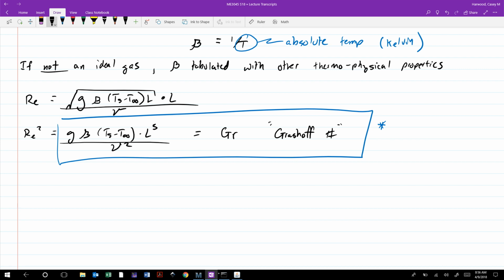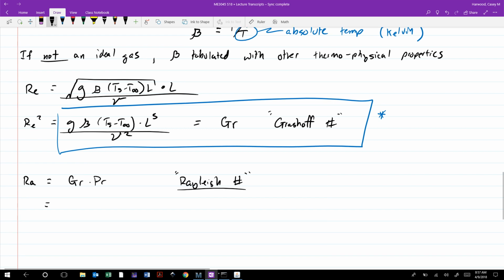And finally, the last one is known as Ra, which is a product of the Grashof number and the Prandtl number, known as the Rayleigh number. Written out, this becomes g beta (Ts minus T infinity) L cubed over nu alpha.